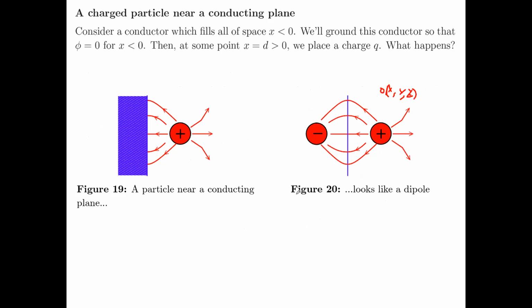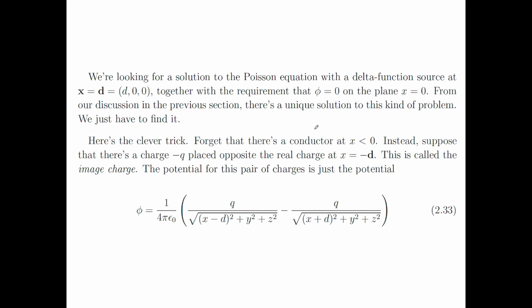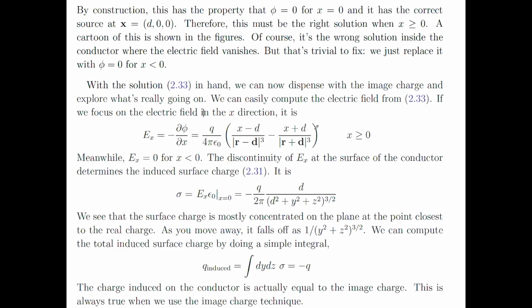Let's say from here to here it's r, from here to there it's r prime. Then you can simply use Coulomb's equation to calculate phi 1, phi 2, sum them up together, and you get the final answer of phi.